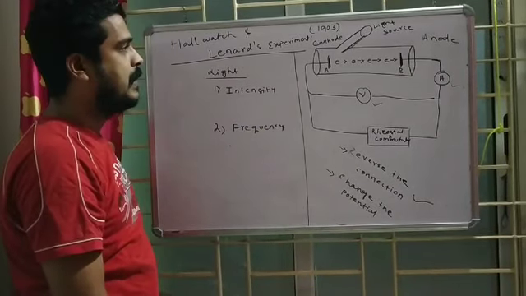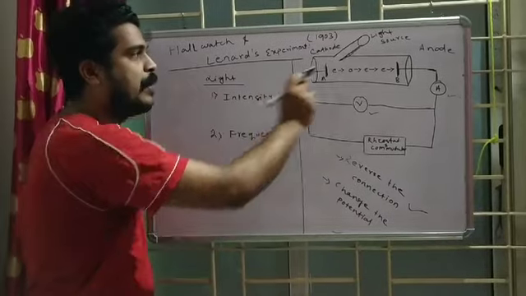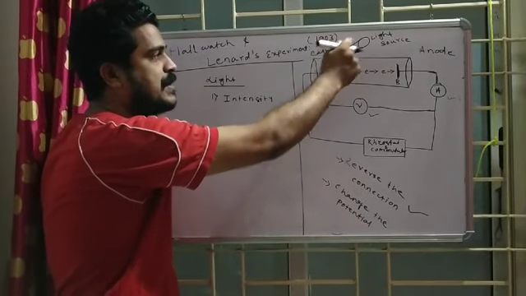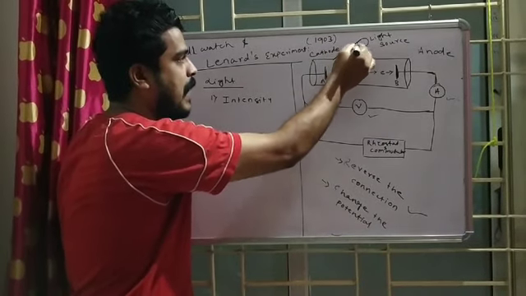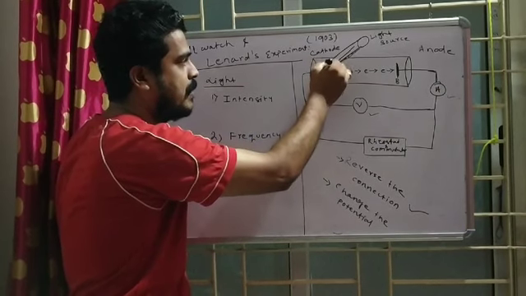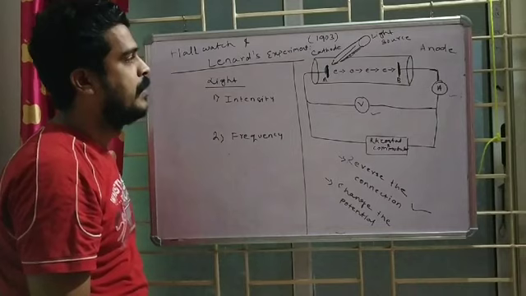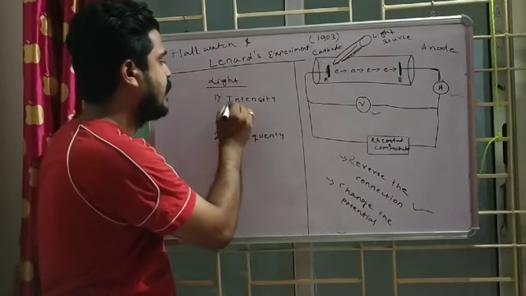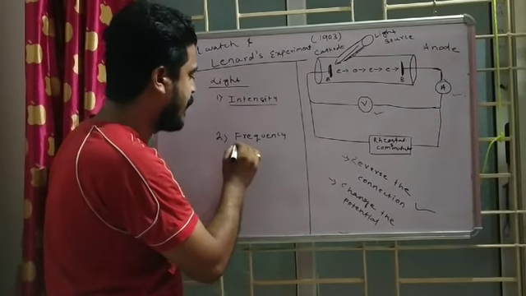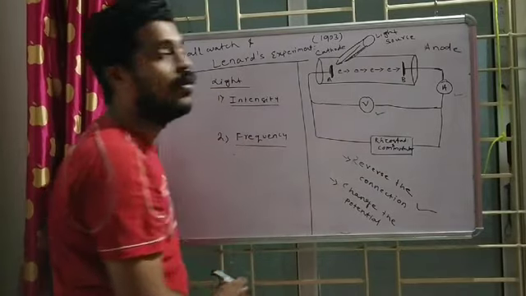First, let me clear one thing. I want to vary the intensity of the light which is transmitting and incident upon plate A. And if I want to vary the frequency of the light, then what will I do?